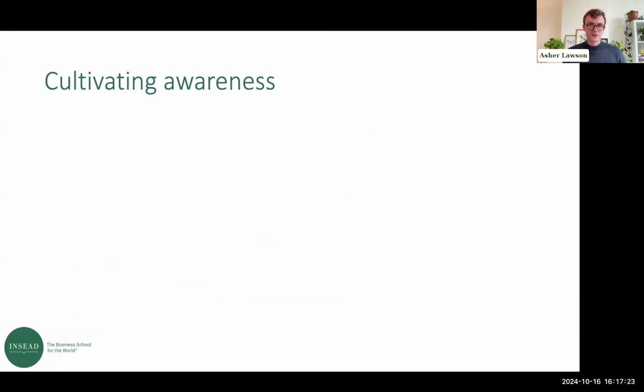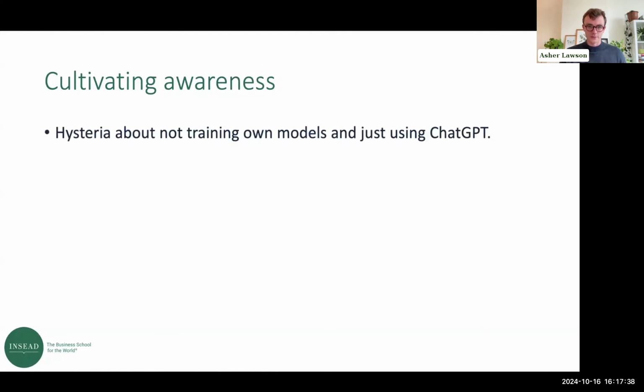In the work that I'm discussing today, I don't claim to have solutions yet. I'd argue this is one of the most important questions facing society today, but we can at least try to cultivate some awareness. There's a couple of things that I want to draw your attention to here. Right now, at least in the research communities that I'm in, there's a lot of hysteria about how, rather than training your own models and really learning to code and doing all of this technical and difficult stuff, you can just use ChatGPT.